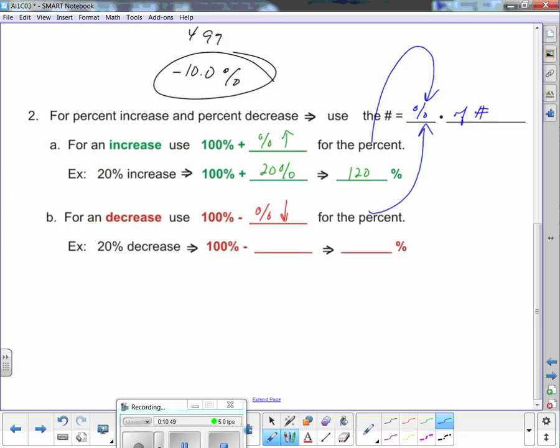So if we want to figure out something after a 20% decrease, we're going to do 100% minus 20% for a total of 80%. At which case we'll simply put in 0.8 for the percent and do it in a one-step situation. Again, you can do it in two steps, but it's so much easier just to do it in one. You're cutting out calculations, you're saving time, and those issues are important.